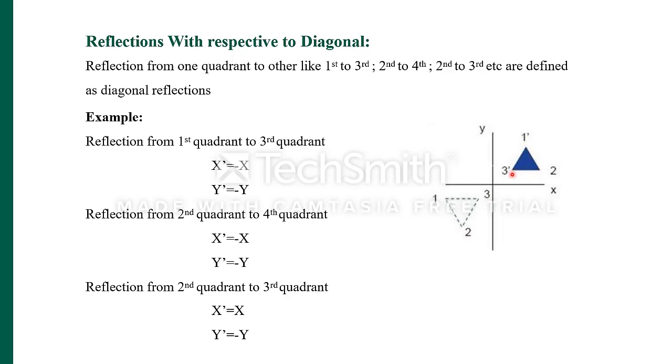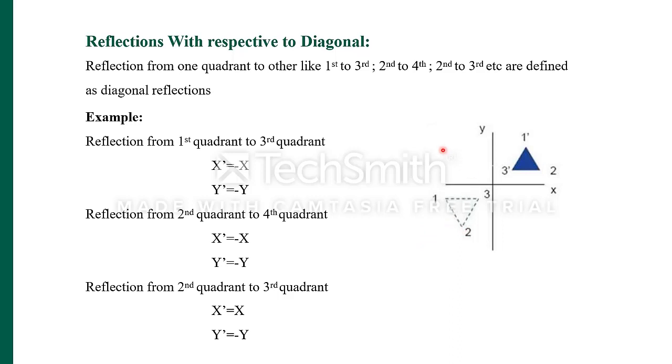This is reflecting with respect to this point and in this way. In the first quadrant, both x and y coordinates are positive, and we are making a flip to the third quadrant. When we multiply, the x and y terms are negative, so automatically we get negative coordinates for both x and y.